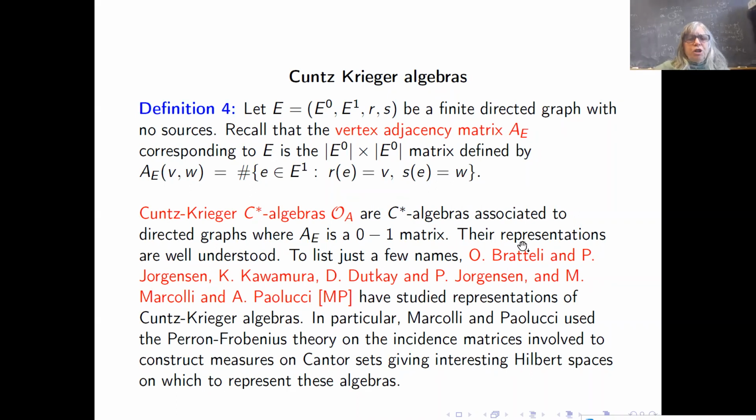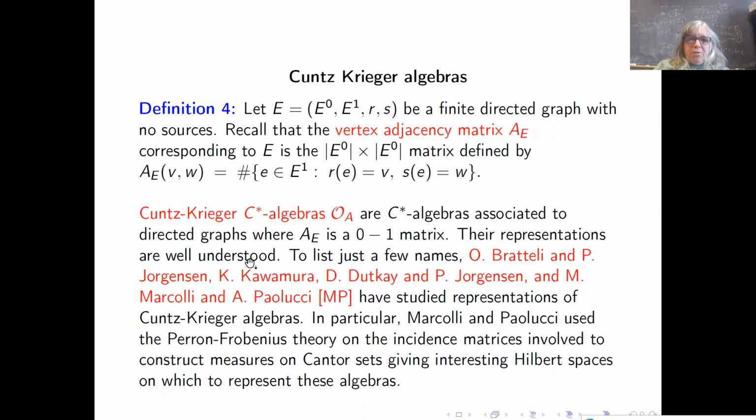Now, Cuntz-Krieger C star algebras are just C star algebras associated to directed graphs where the corresponding vertex adjacency matrix is a 0-1 matrix. They were developed by Cuntz and Krieger in the late 70s, early 80s, and described in a different way without all this graph material, but had universal generators and relations depending on the A_e.